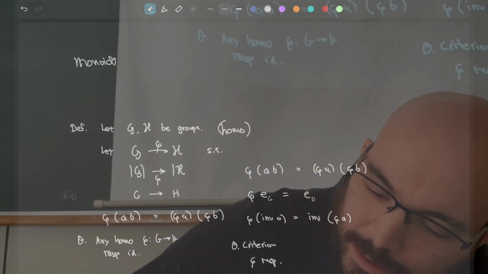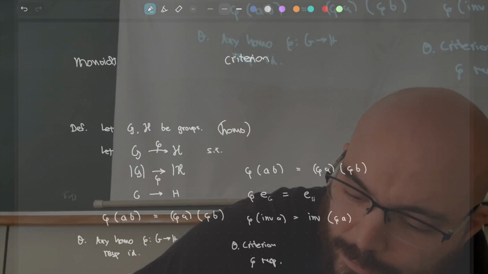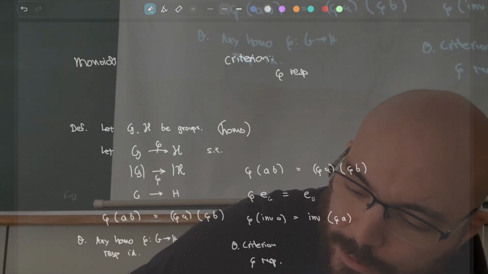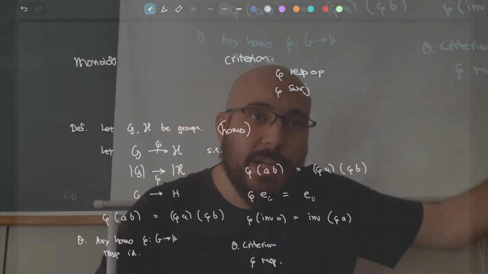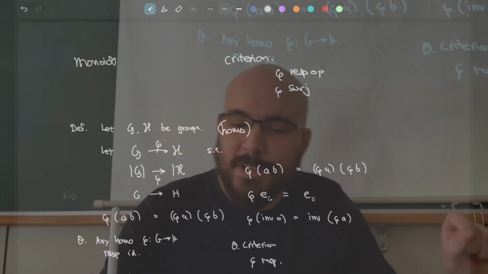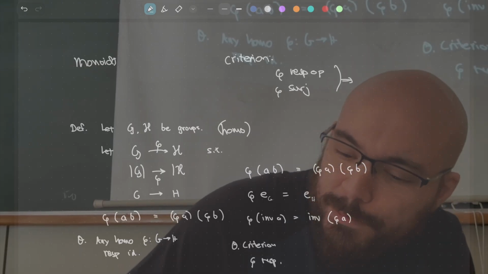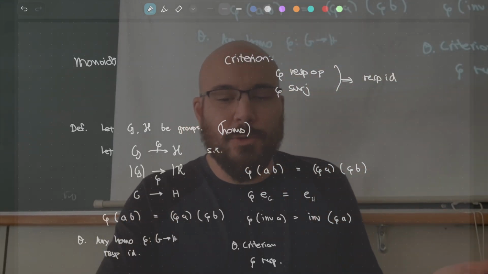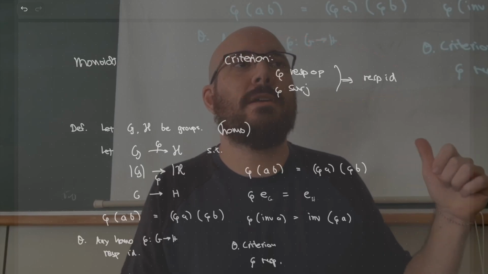As a hint, I will give the criterion here: if phi respects the operation of the monoid, and phi is surjective, by the way, we call this a surjective homomorphism, which is the correct name for that, then it's forced to respect the identity as well. And you may, first of all, prove this as an exercise.